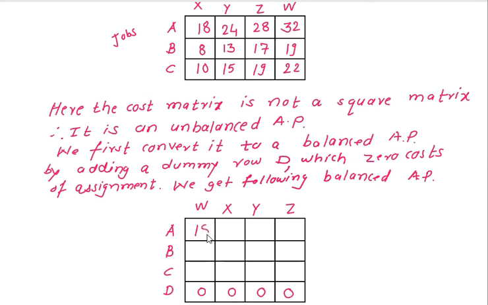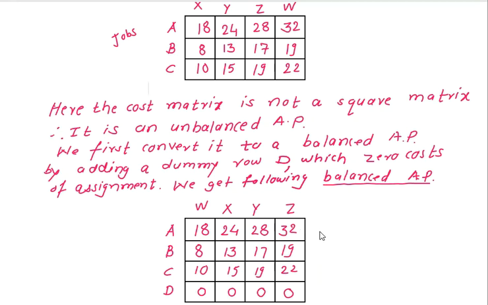So first row as it is, second row as it is, third row as it is, so this is a balanced assignment problem on which we apply the usual method, that is Hungarian method or Hungarian technique to get the optimum assignment. So what is the first step?